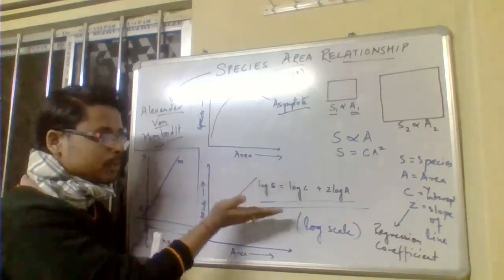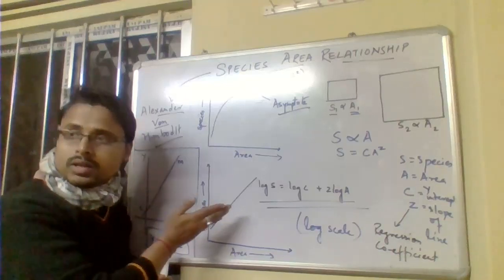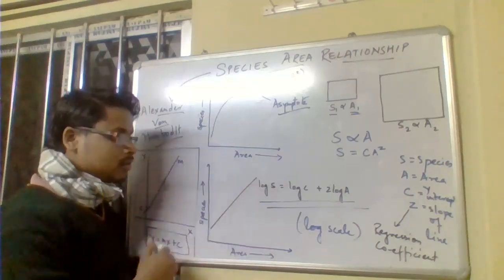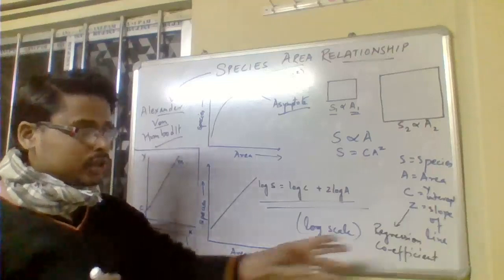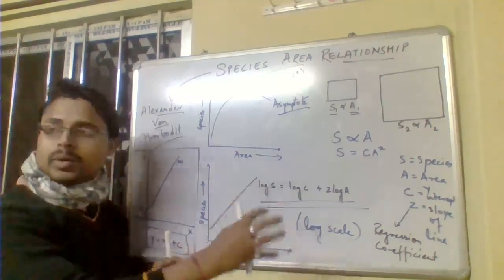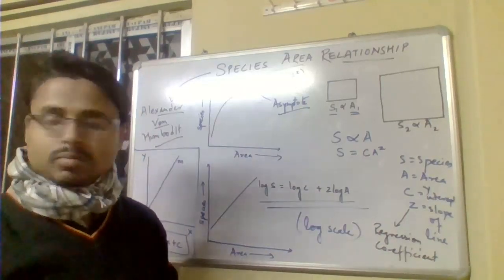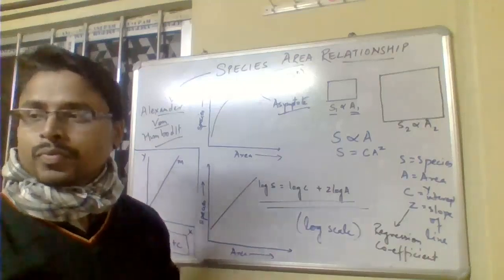When it becomes steeper, that means in more area there will be a smaller number of species. So the regression coefficient values determine how many species will be in that particular area, and from that we can find out the species-area relationship.